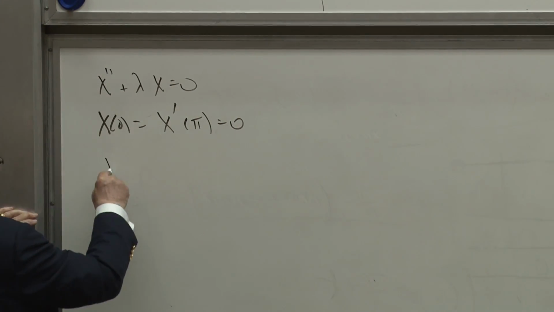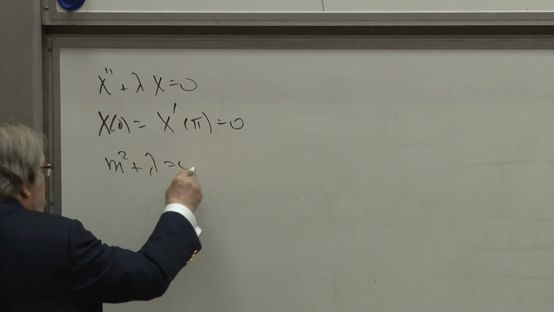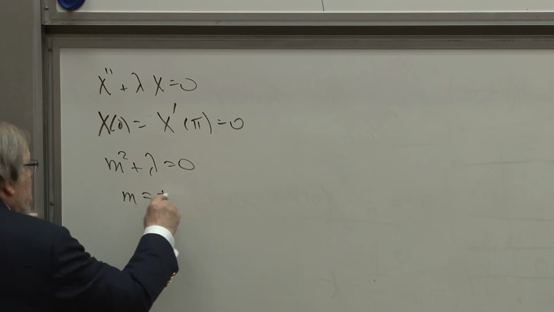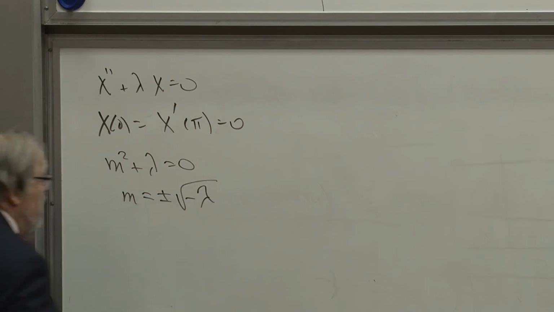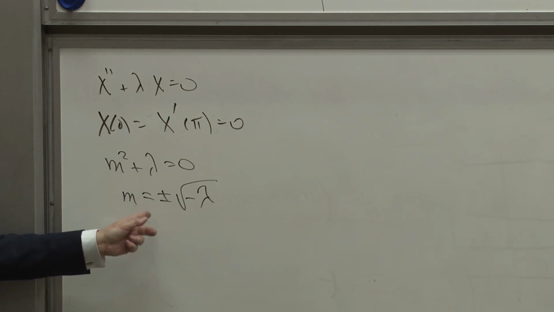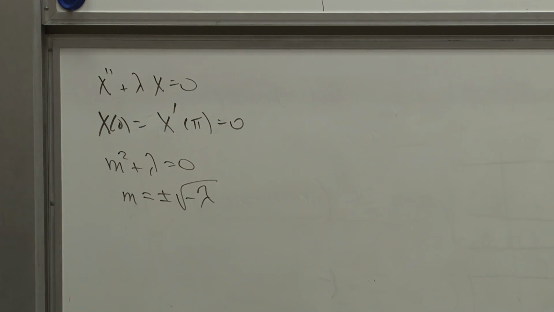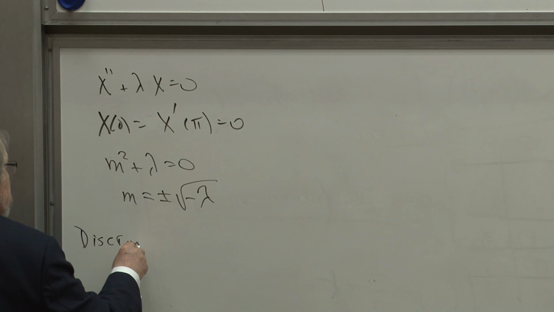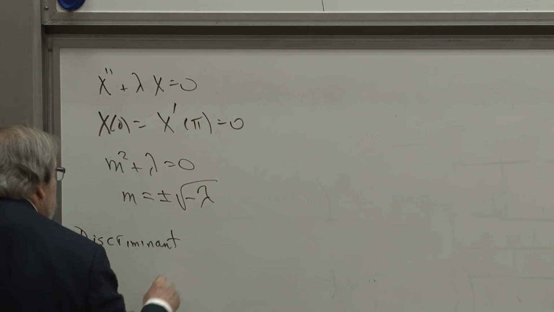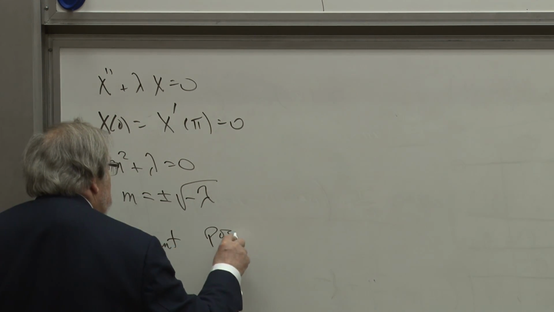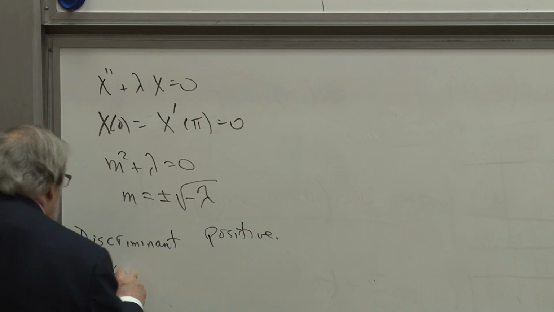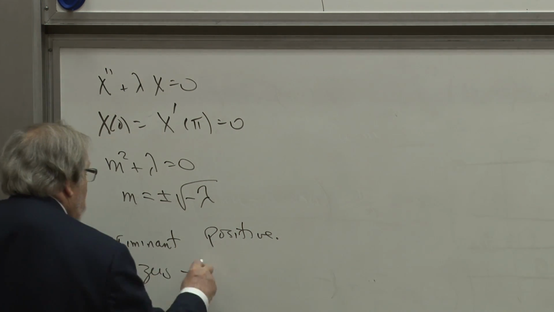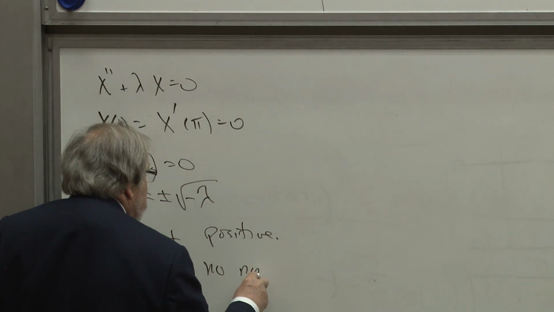We've got here the discriminant m squared plus lambda equals 0, m plus or minus square root of negative lambda. Back then we saw that the negative discriminant and 0 discriminant lead to no solution. Positive or 0, no non-trivial solution.